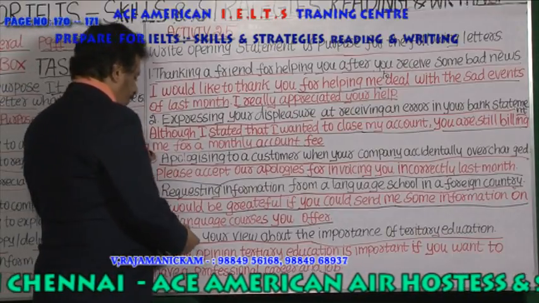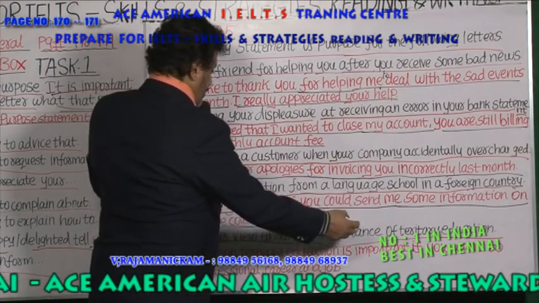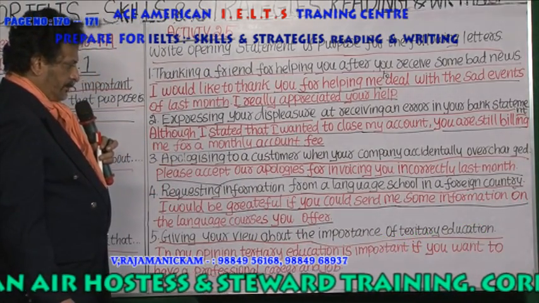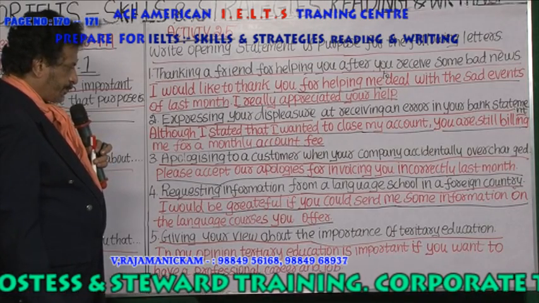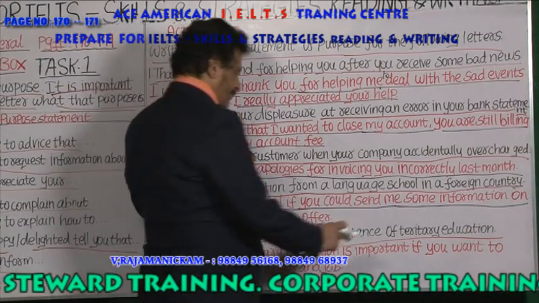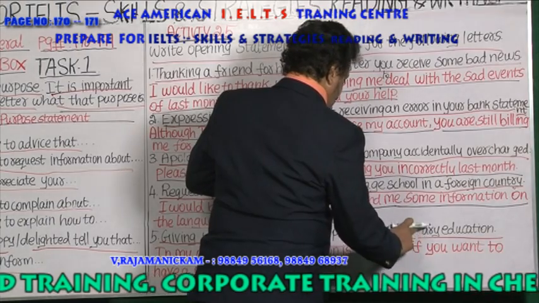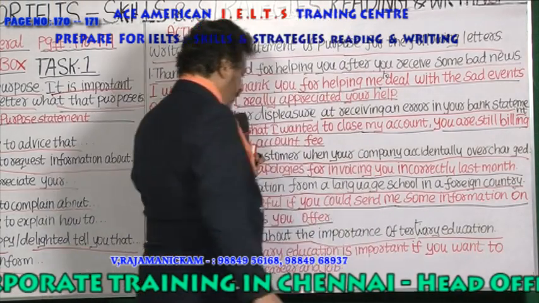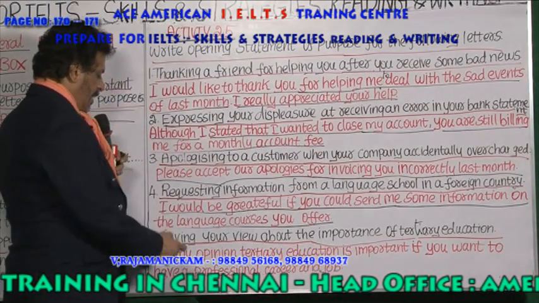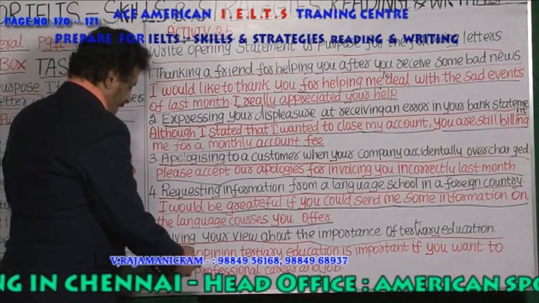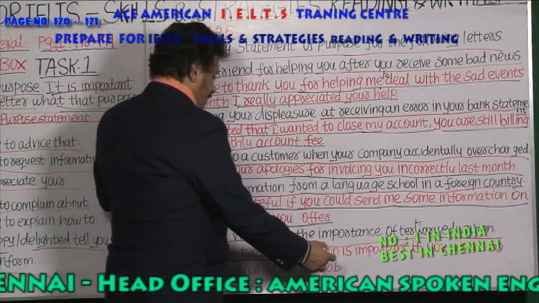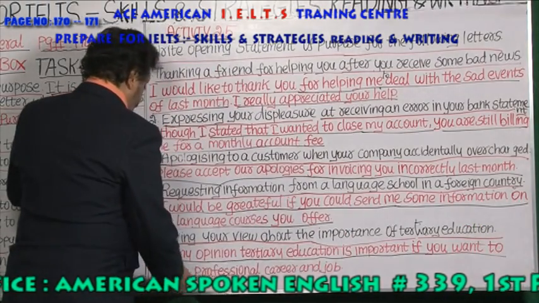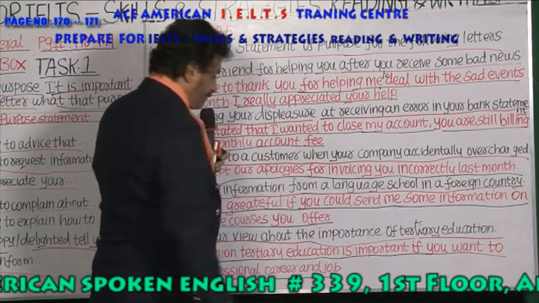Then, giving your view about the importance of tertiary education. What do you mean by tertiary education, the technical education? So, in my opinion, tertiary education is important if you want to have a professional career and job.